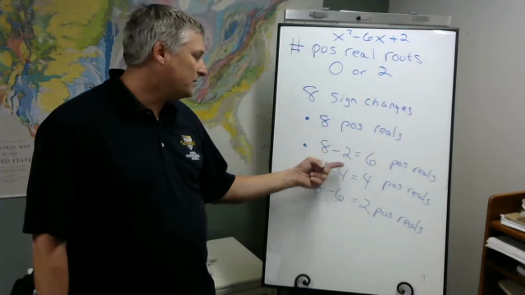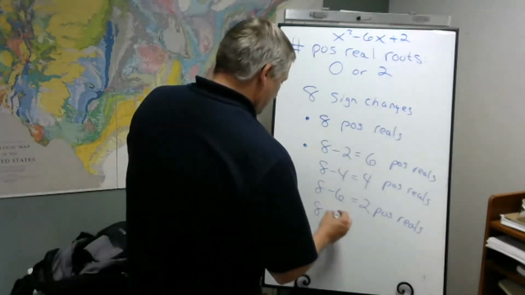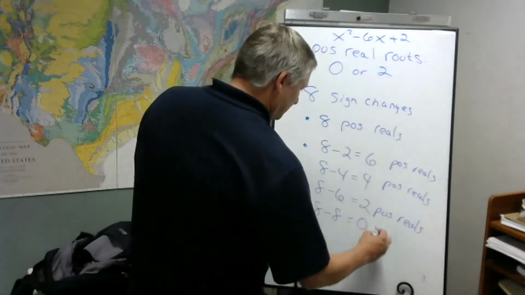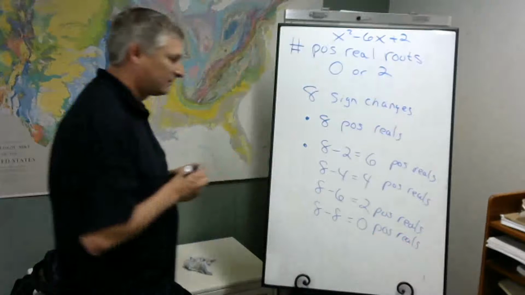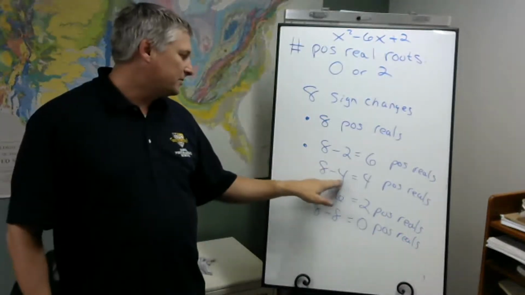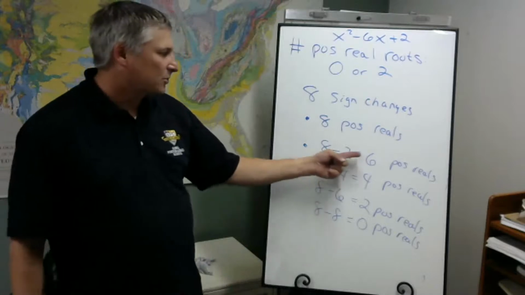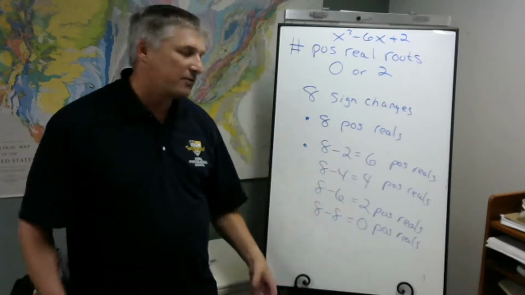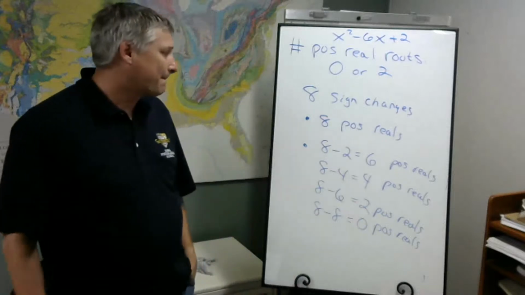As long as we can always subtract an even number, oh, better not forget, we could have 0. As long as we could subtract an even number and not get a negative result, those are also possibilities for the number of positive reals that we could have for that polynomial.